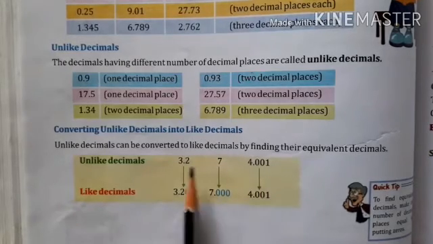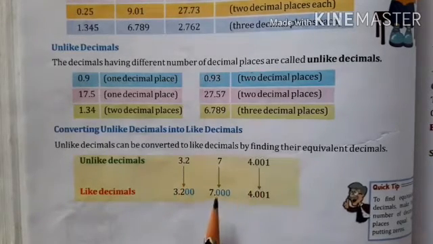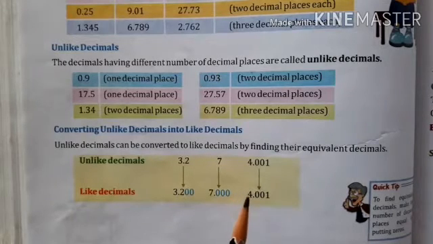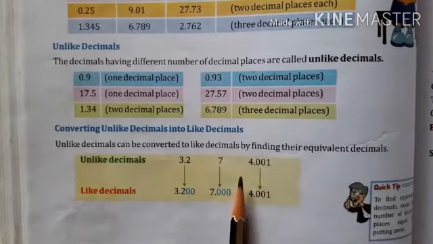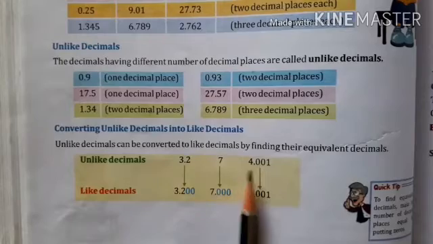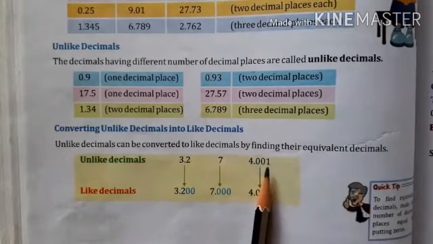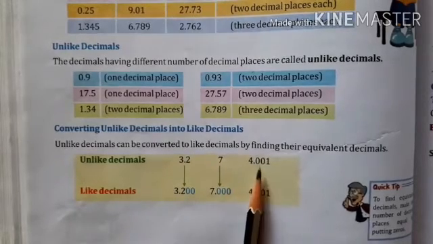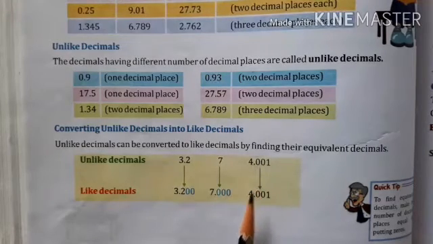Now we have to convert these unlike decimals into like decimals, right? So we have to find their equivalent decimals. So we have to find the maximum number of decimal places among these decimals, okay? So it has 3 decimal places, right? So on the basis of this, we have to make equivalent decimals.